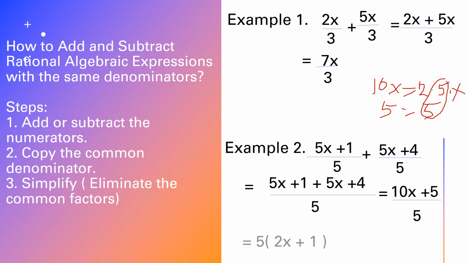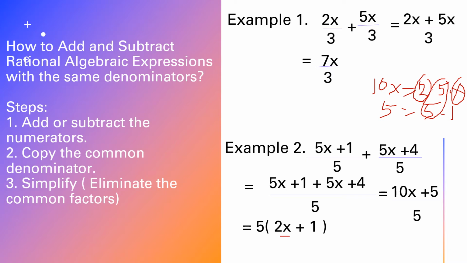So you can put that outside the parentheses. And inside the parentheses, the first term should be whatever the factors left here. That is 2 and x. So this is 2x. And then for 5, there is no more factor left here, but understood that there is always 1 as a factor of 5.